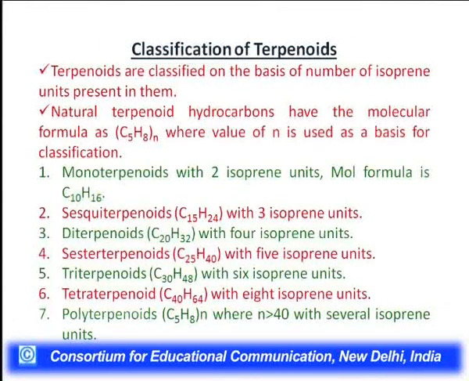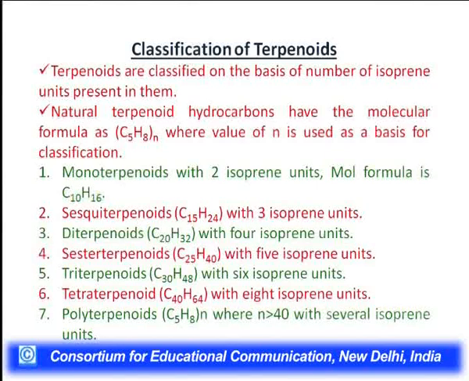Then comes the classification of terpenoids, that is, how these hydrocarbons have been classified. Terpenoids are generally classified on the basis of the number of isoprene units present in them. Natural terpenoid hydrocarbons have the molecular formula (C5H8)n, where n is the basis for the classification.